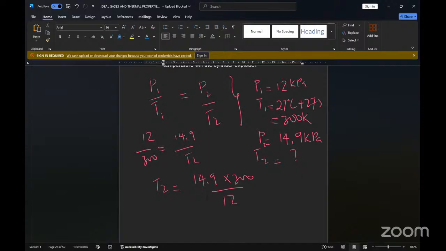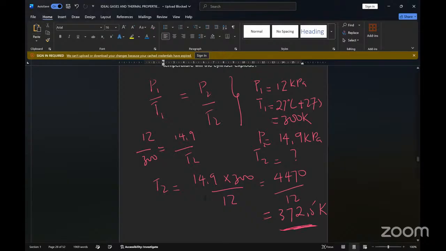Okay, so that is simply mathematics, 300 times 14.9. So that gives you 4470 divided by 12, and your answer is 372.5 K, not degrees Celsius, Kelvin.